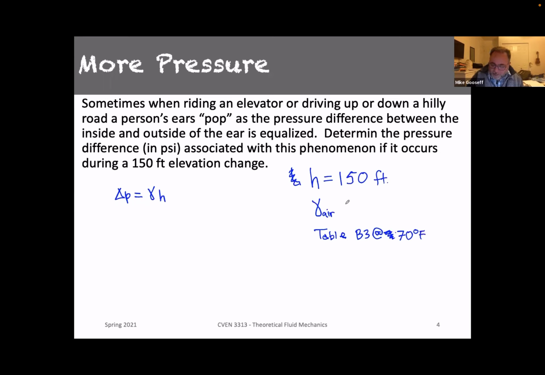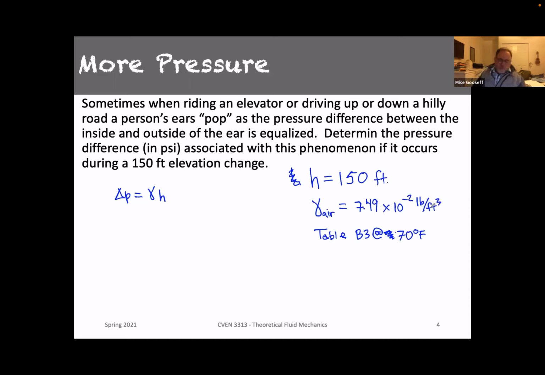I would find that the specific weight of air in my pounds force units here instead of newtons would be 7.49 times 10 to the minus 2 pounds per foot cubed. Right, that makes sense.